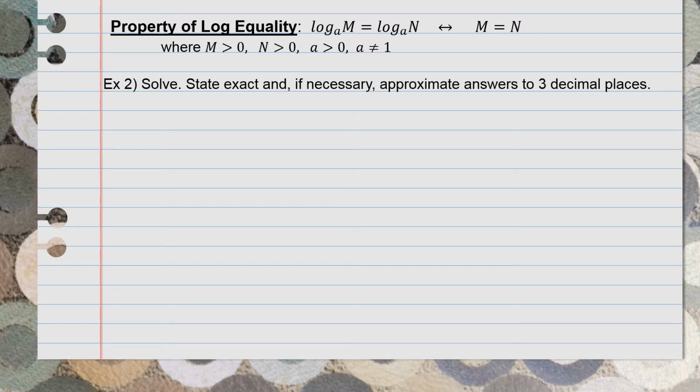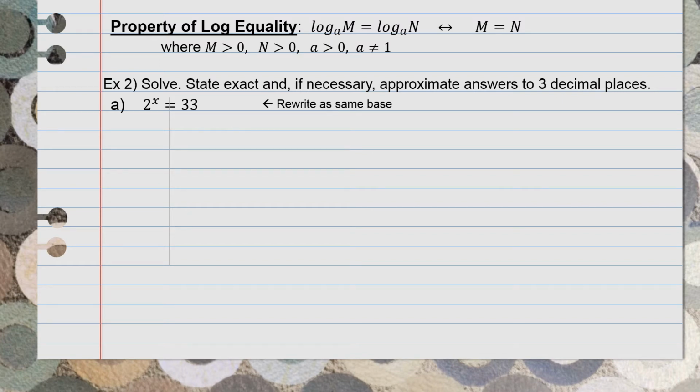Example 2 says solve, state exact, and, if necessary, approximate answers to 3 decimal places. So let's look back at that problem. For a, we have 2 raised to the power of x equals 33. We know it's an equation and it has 2 sides, but I want to, if possible, rewrite using the same base.